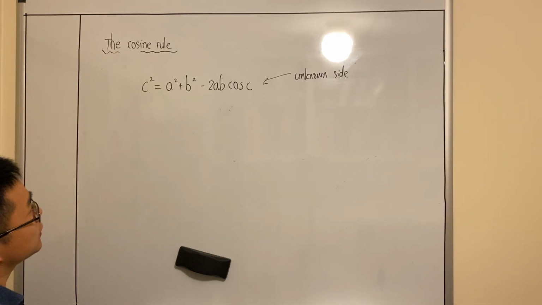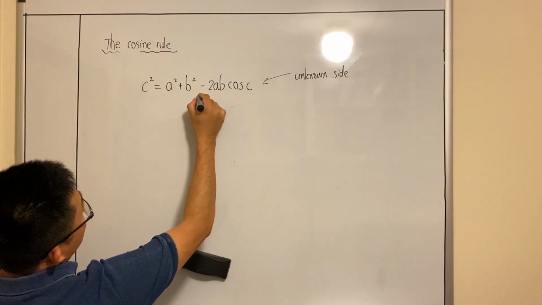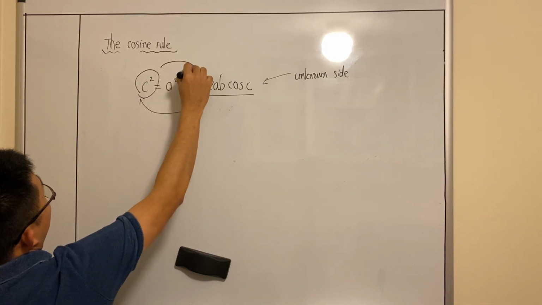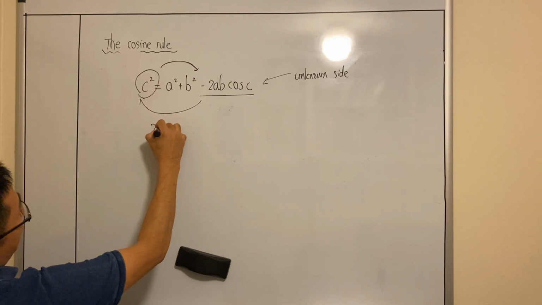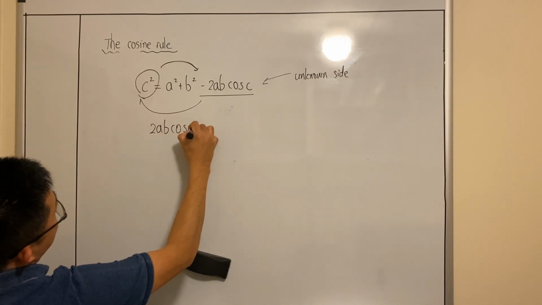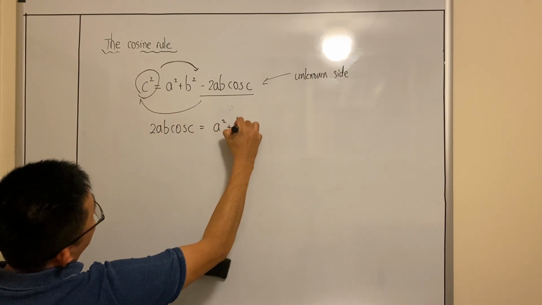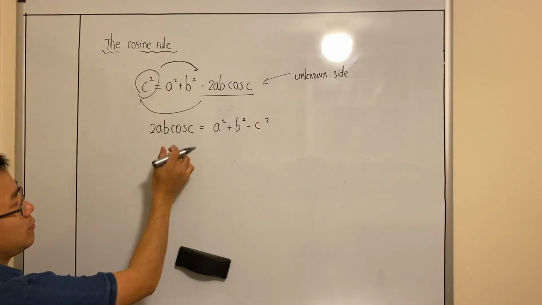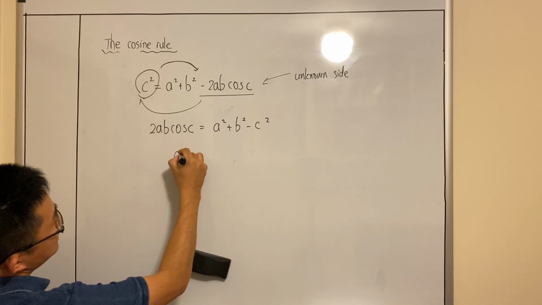So let's start to do this. What we are going to do is move everything here to the left and move the c squared to the right. That gives you 2ab cosine C is equal to a squared plus b squared minus c squared. Now remember, I want to leave cosine C as the subject.